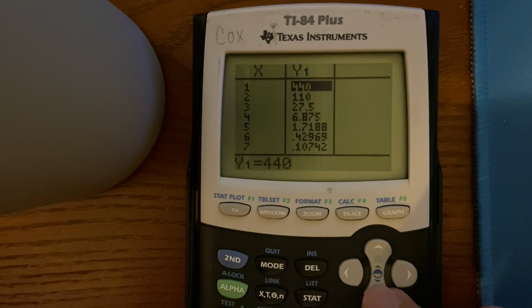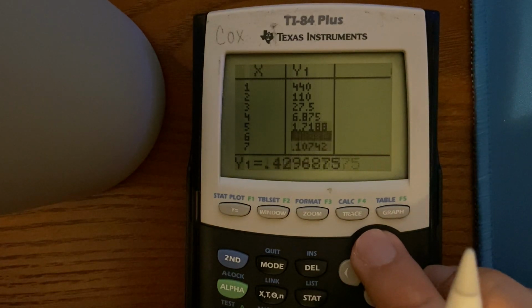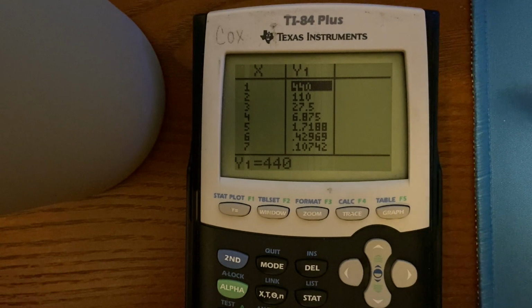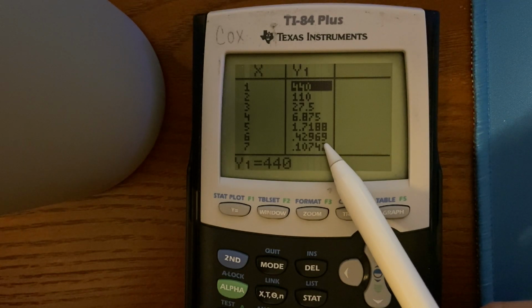And I want to know at what term I actually get 0.4296875. If I look through my table, I don't see it explicitly, and that's just because of the way our calculator is going to round. So I'm going to look for something close enough for now, and I see that this seems to start pretty darn close to the term value that I'm looking for.